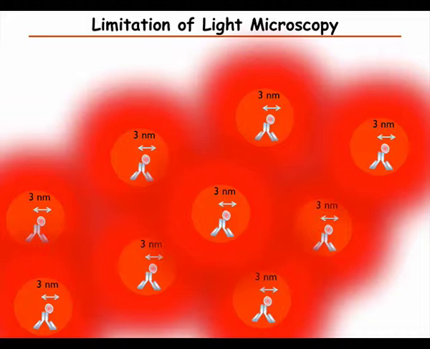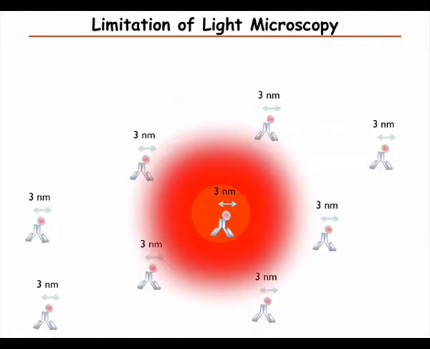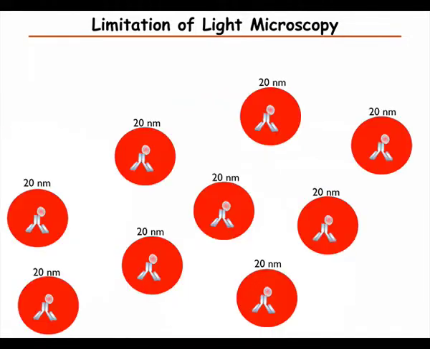If we can't isolate them in space, we can separate them in time. We make these blink at random, but at a very low frequency, so there's a very low probability that at each time point a molecule will blink. We can then separate them and replace each of them with the centroid that we measure.